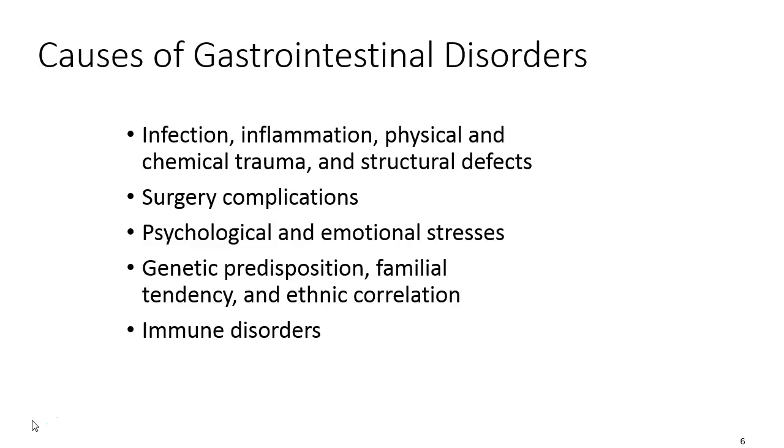Now let's look at the causes of GI disorders. Causes of GI disorders could be infection or inflammation, physical or chemical trauma, and then also structural defects. Obstructions can be caused by post-op adhesions as well as tumors.